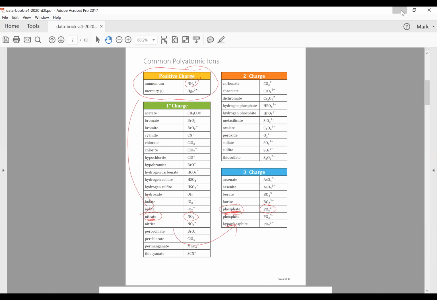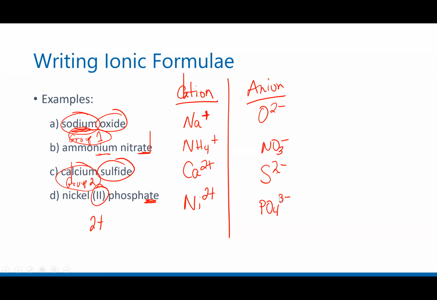Okay, so putting it all together. Now I need to come up with the chemical formula. And I'll pick a different color. Okay, so I have Na+ and O2-. I am going to need 2 positives to cancel out my 2 negatives.